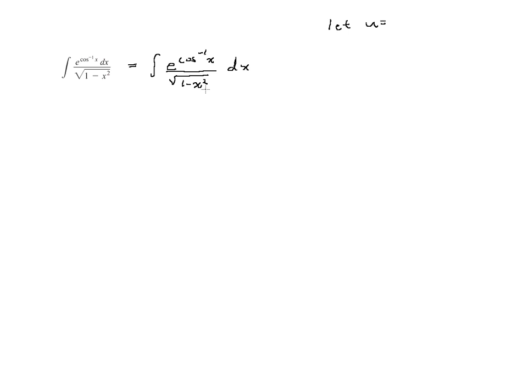If I set u equal to the square root of 1 minus x squared, I get negative x over the square root of 1 minus x squared. That's not in here. Part of it is, but part isn't, and it doesn't do anything with the arc cosine of x.